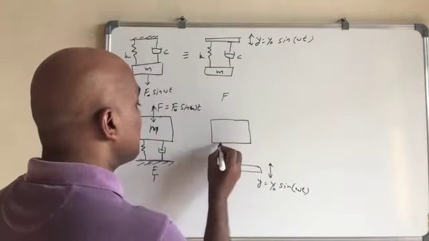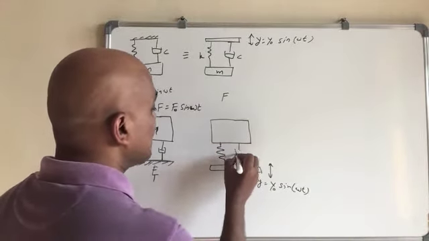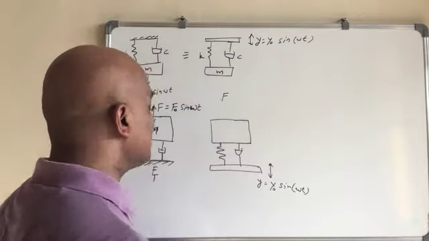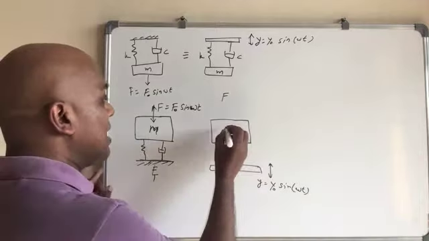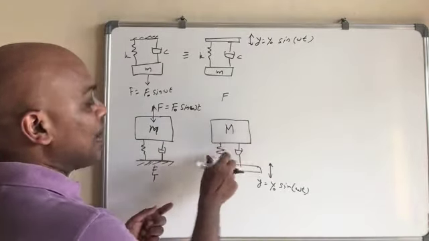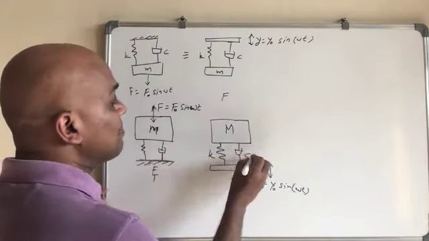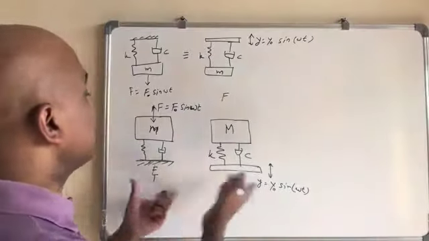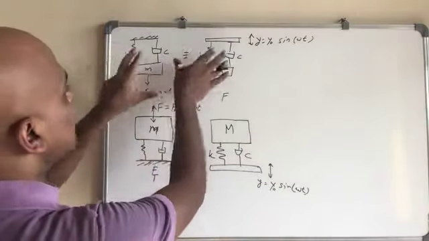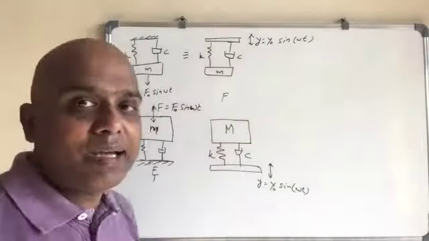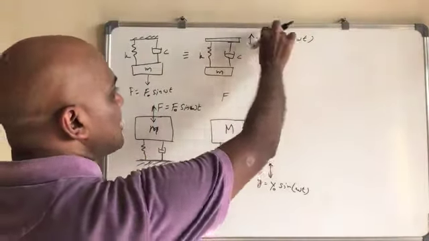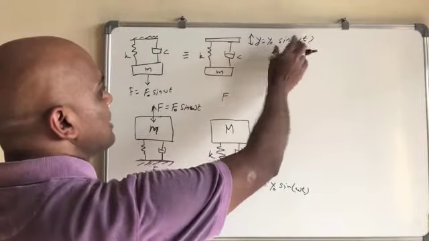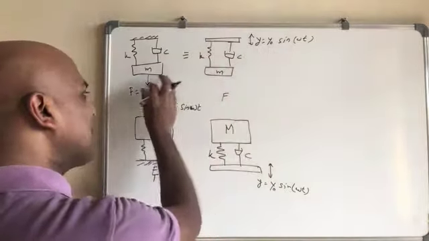You have the same spring and damper system like this, and this vibration here will be protected because of this spring and damper system. Equation will be the same as we have seen, since both are the same. Actually, the harmonic displacement results into force only.